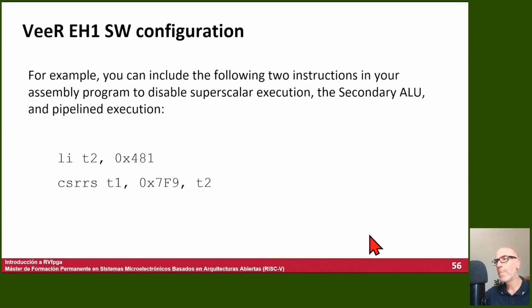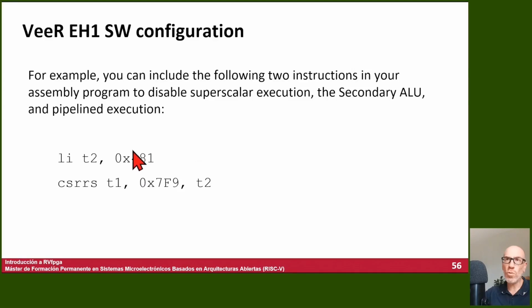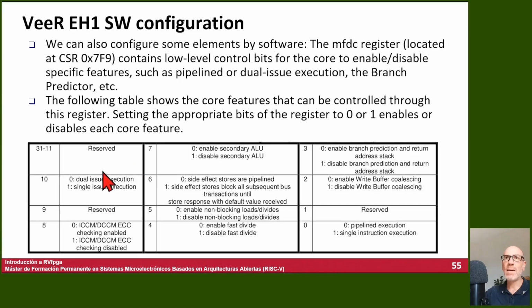Also, having a 1 in bit 7 disables the secondary ALUs, and a 1 in bit 10 disables superscalar execution. In the exercises, we'll test different combinations and scenarios to analyze the programs.